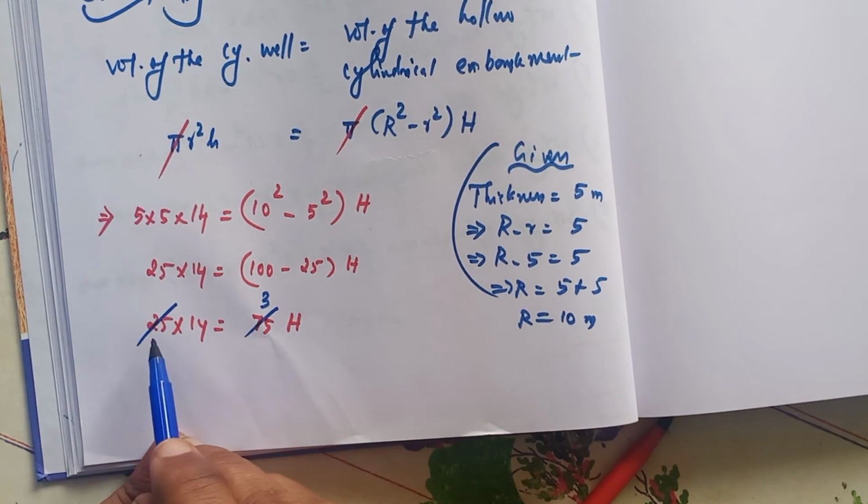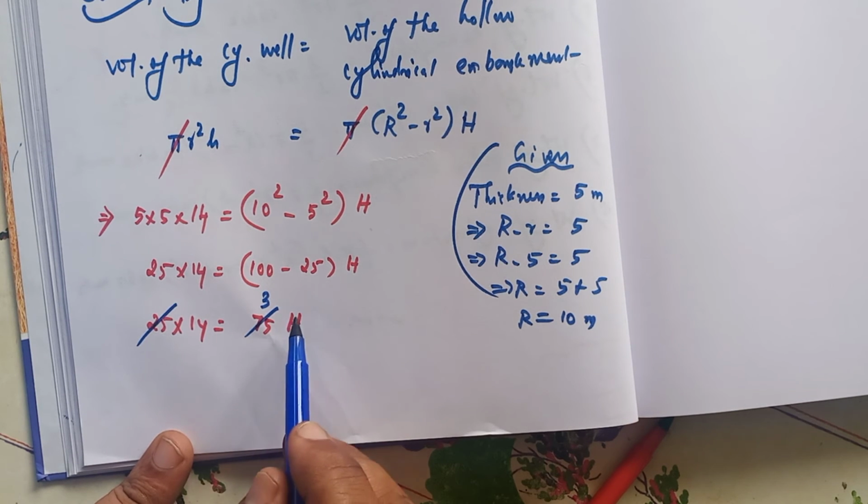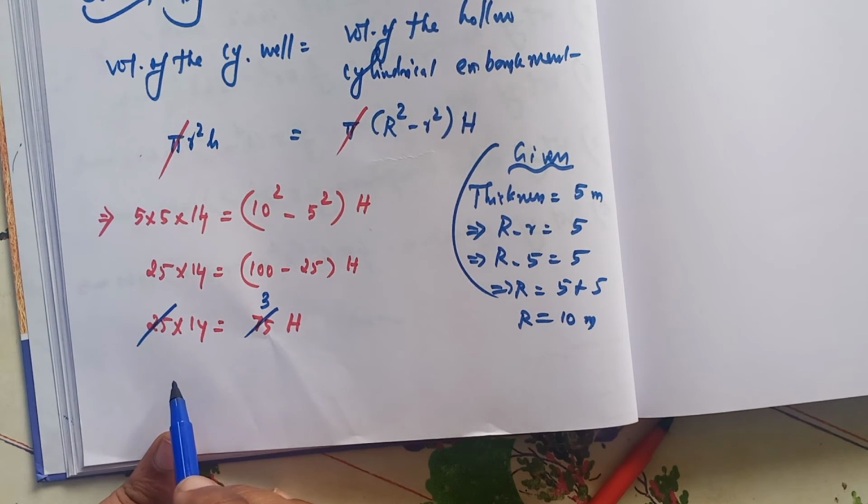Therefore, capital H equals 14 divided by 3.